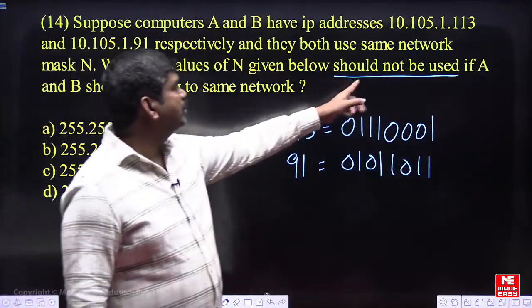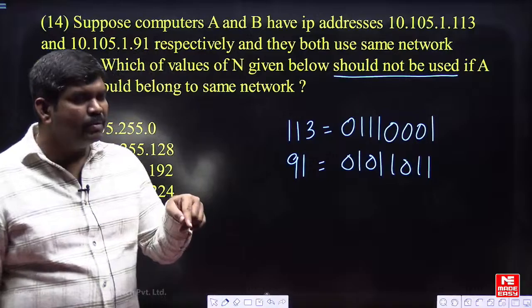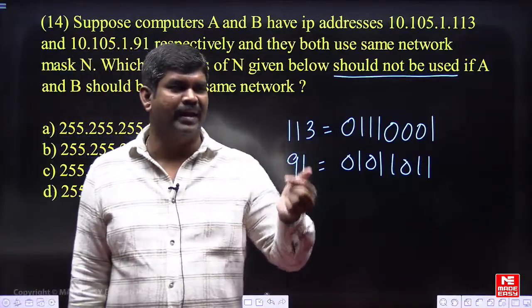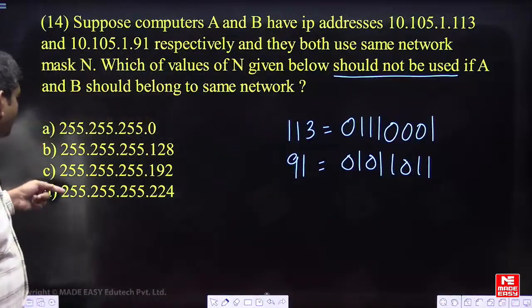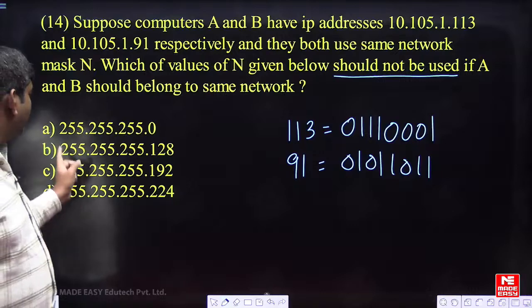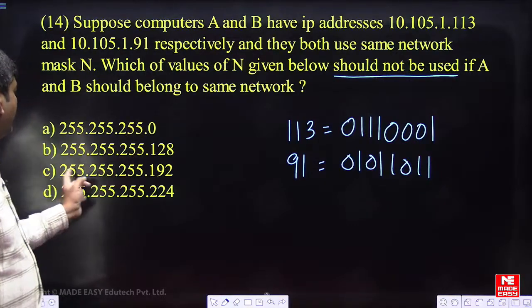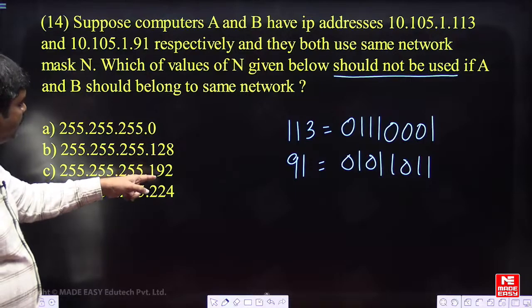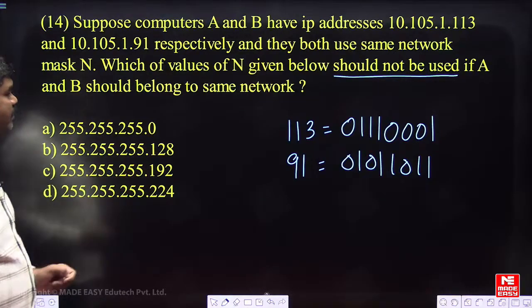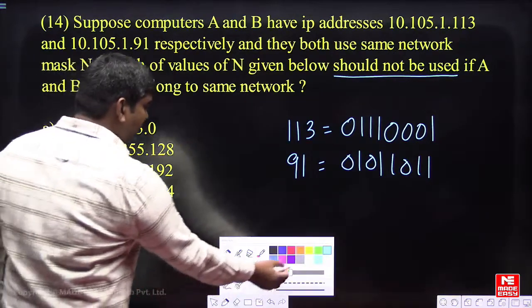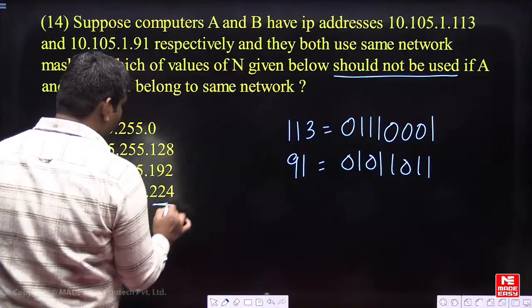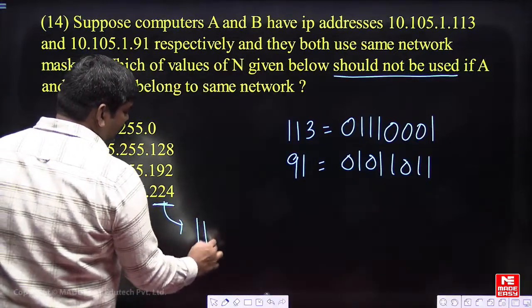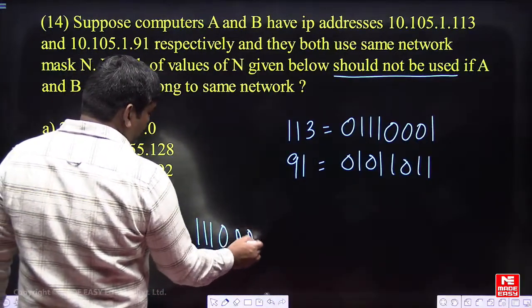See, they are asking should not be used. Should not be used means what? Prefix should differ actually. Out of all the options, you don't need to worry about the first 3 octets, because they are the same. For the ending octet you have 0, 128, 192, 224. Suppose I have taken this 224, how do you write it? 3 ones and 5 zeros actually.